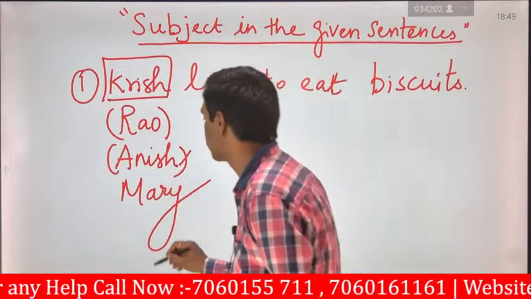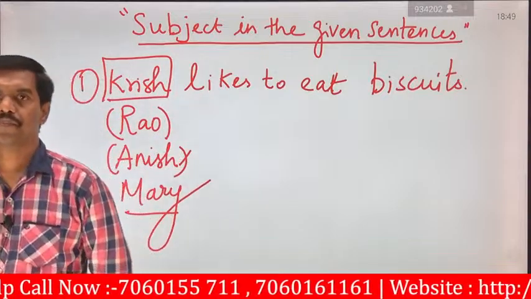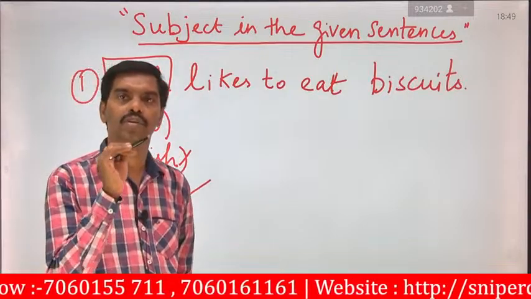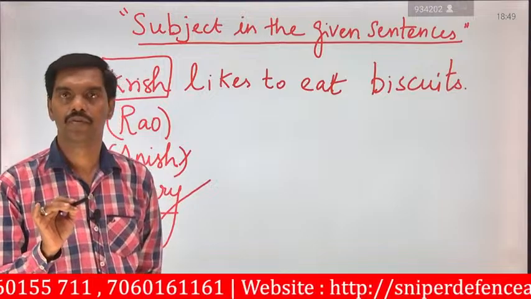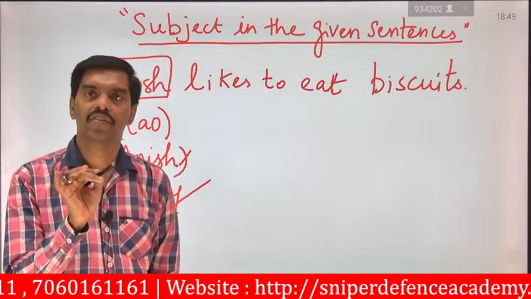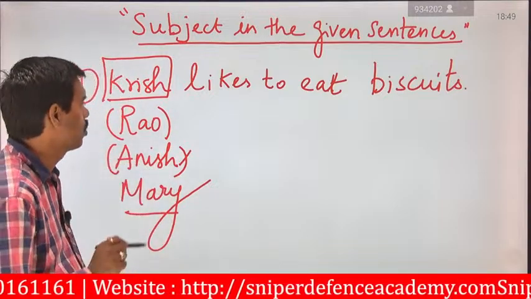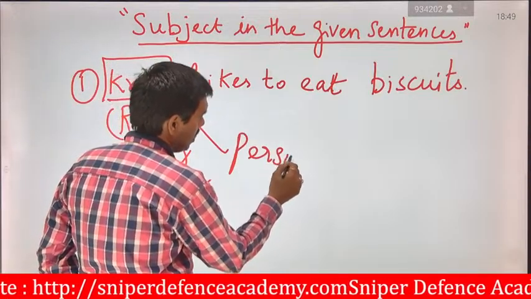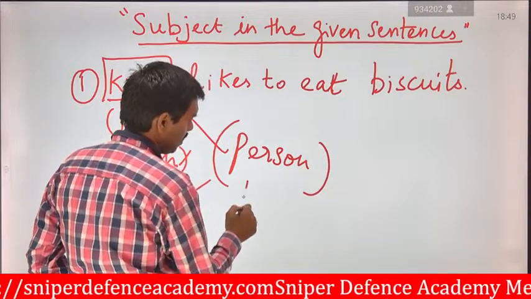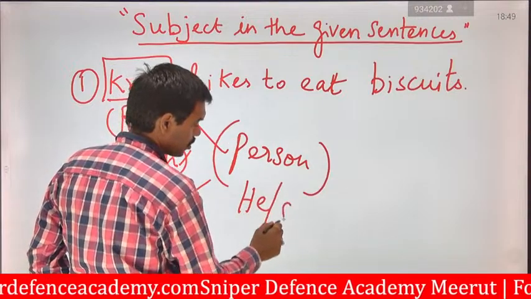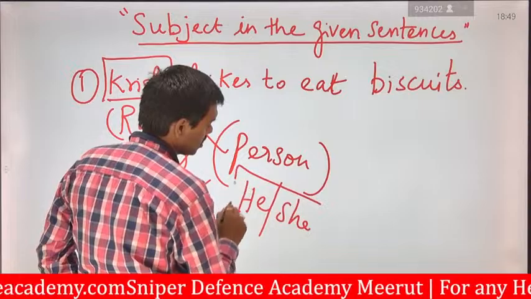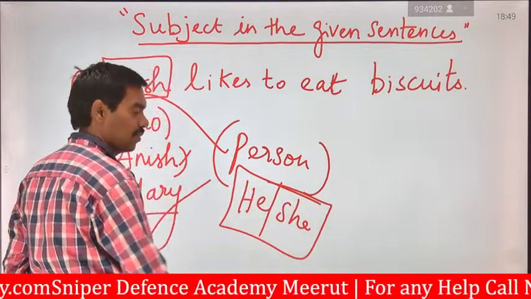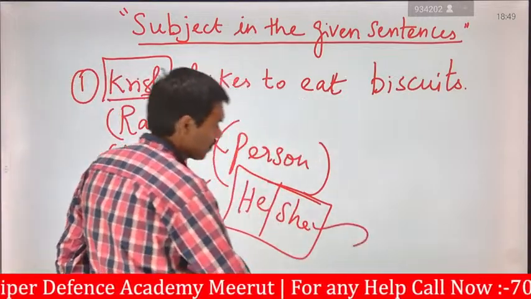So what is the subject here? The person who likes to eat something. For example, here the biscuits are given. Krish is the person. He may be a he or a she, we need not worry about this, anyone it may be.